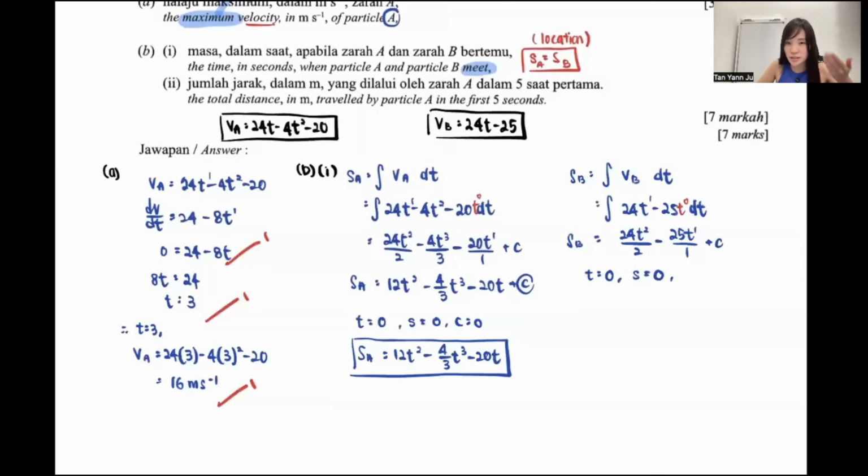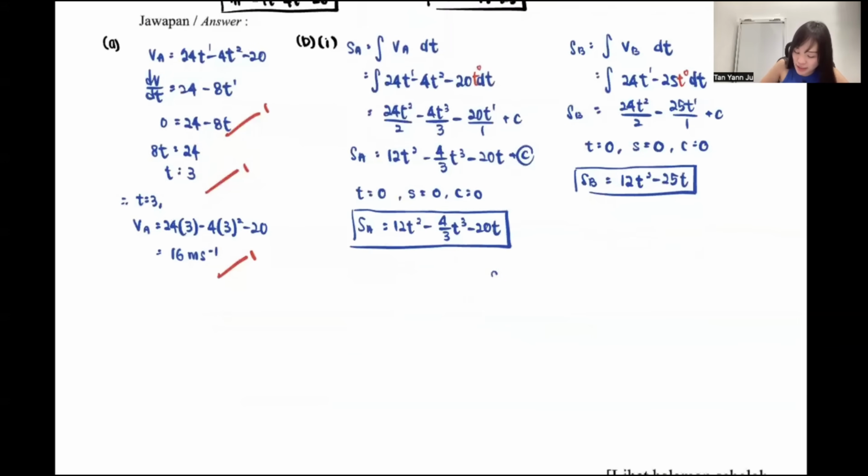So on the starting, the displacement is 0. Therefore your c is also 0. So SB equals 12t squared minus 25t. Okay, guys, I got my SB equation also. So remember, when they meet, that means SA equals SB. So my dear, one of them I copy on the left-hand side.